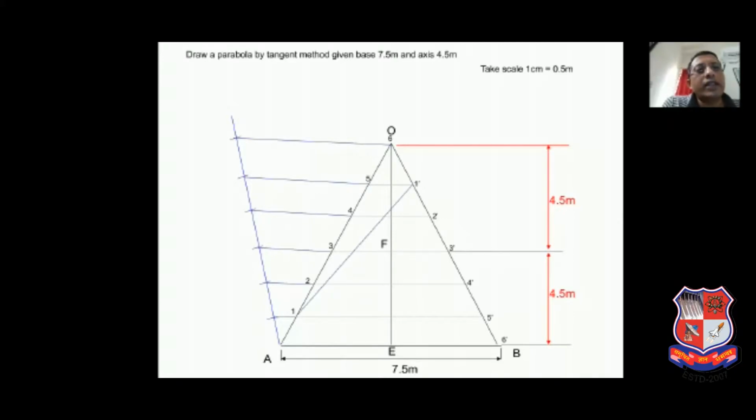Then we join these points 1 to 1 dash, 2 to 2 dash, 3 to 3 dash, 4 to 4 dash, 5 to 5 dash. Then we draw a smooth curve passing through these points. So this is our required parabola by tangent method.